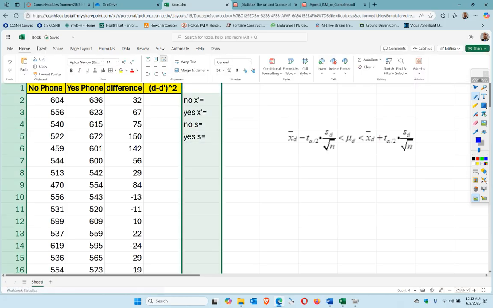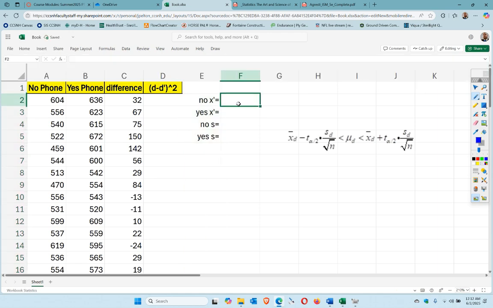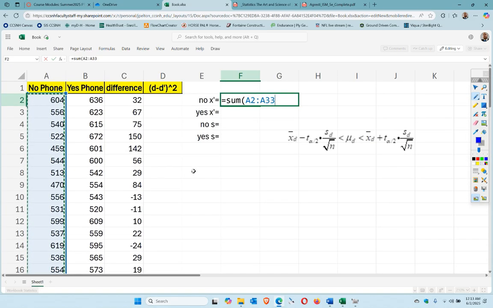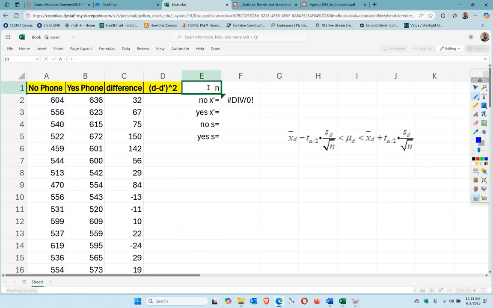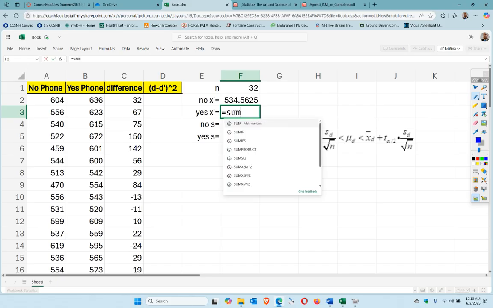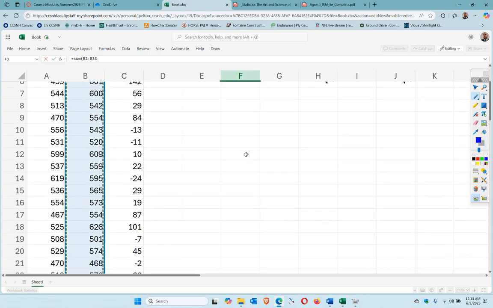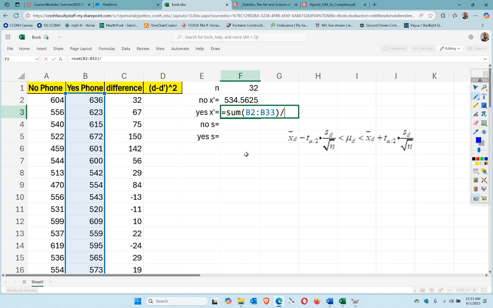Let's shift all these to the right. Alright, so equals the sum of all the no's divided by this value here, which we don't have. We forgot to put the n, which is 32 for both of them, so we can just keep it as 32. Okay, that'll work. And then equals the sum of the yeses divided by 32.